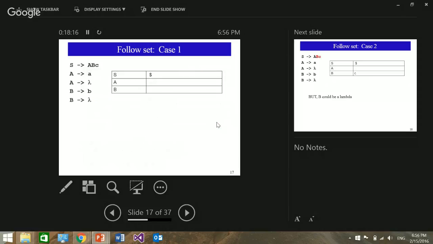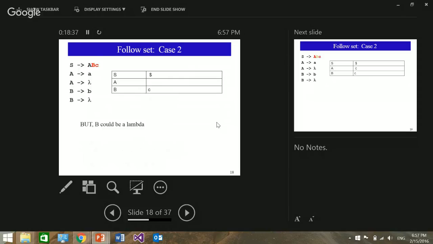Let's do another one. Case 1. This one does have lambda, so we do need the follow set this time. S follow set, $ sign, case 1.